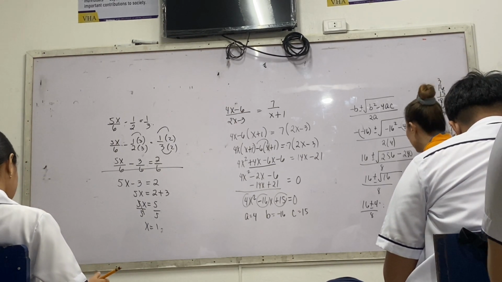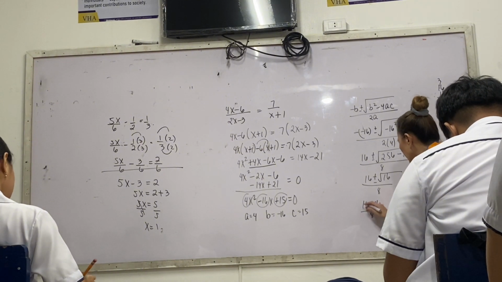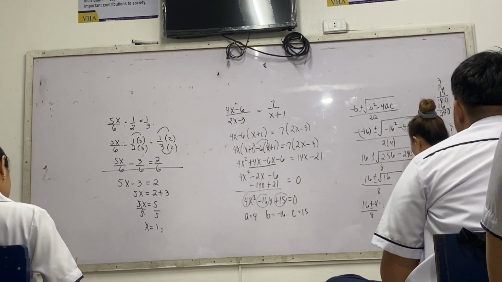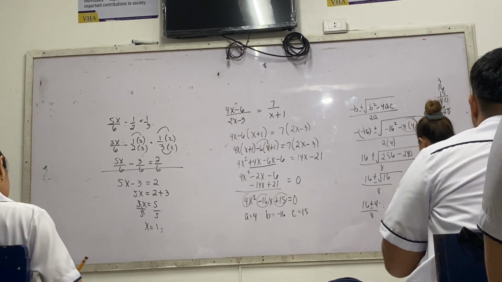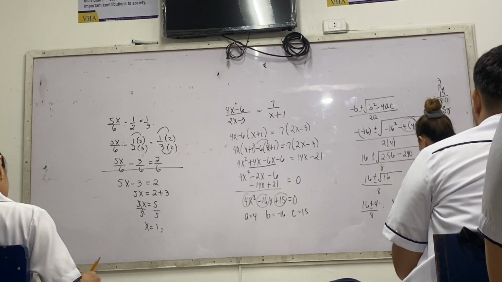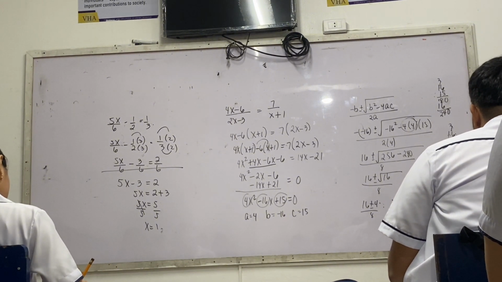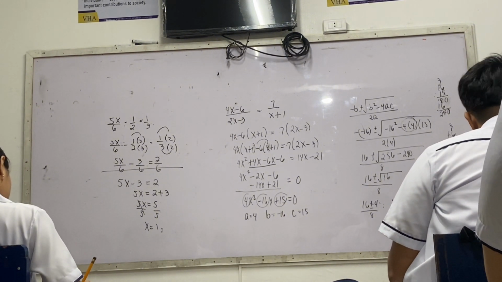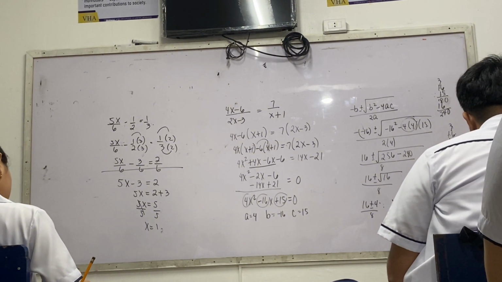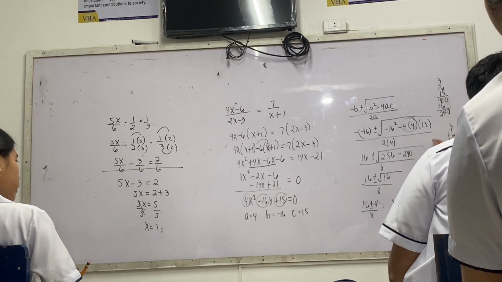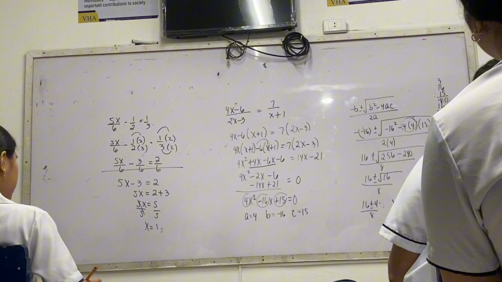The next x is 16 minus 4 is 12 over 8. So that will be 6 over 4, 3 over 2. So, may dalawang value po tayo ng x. The one is x is equal to 5 halves. The other one is x is equal to 3 halves. By applying the quadratic formula.